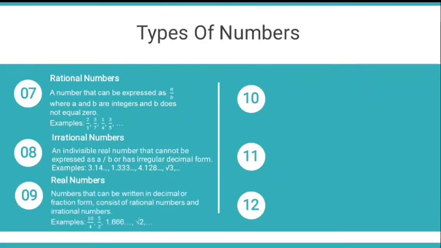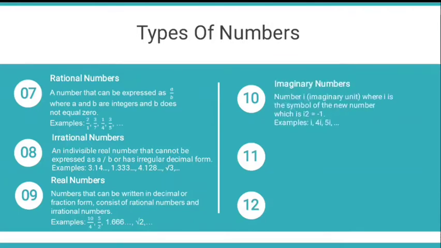Real numbers. Real numbers are numbers that can be written in decimal or fraction form, consisting of rational numbers and irrational numbers. Examples: 10 divided by 4, 5 divided by 2, 1.666, root of 2.